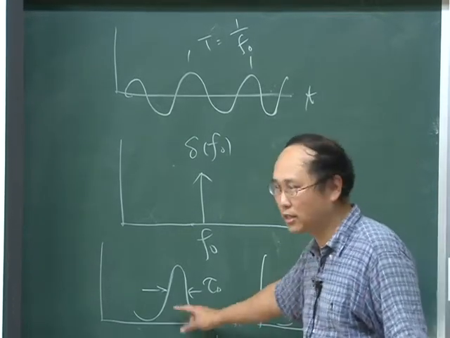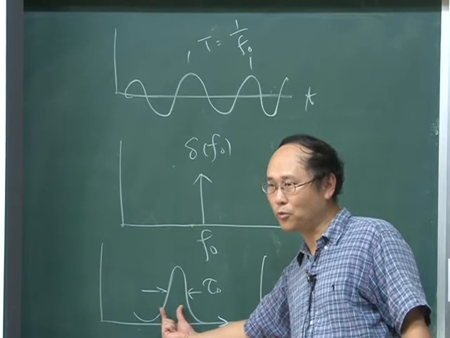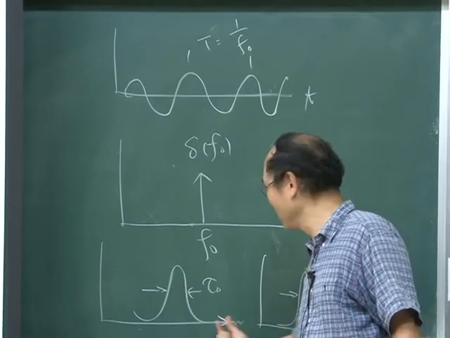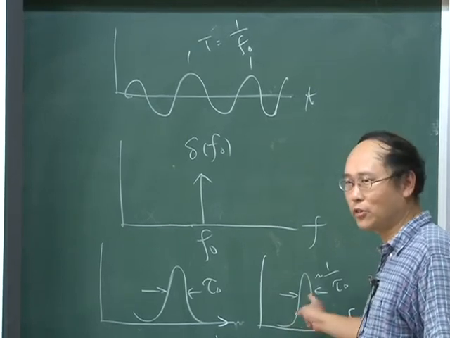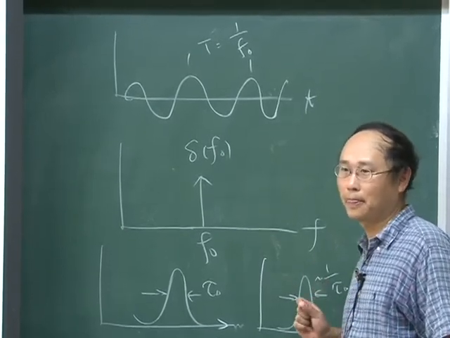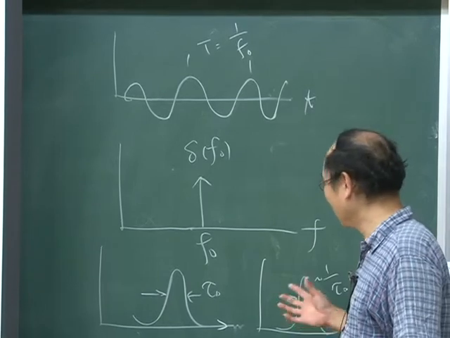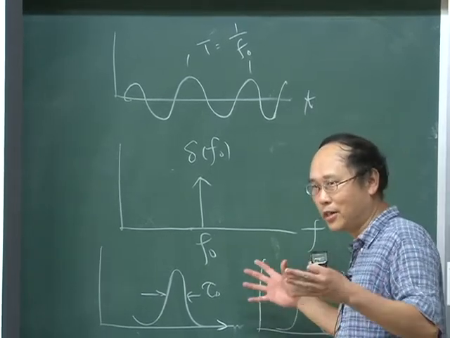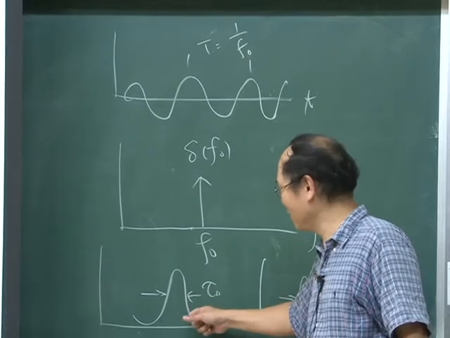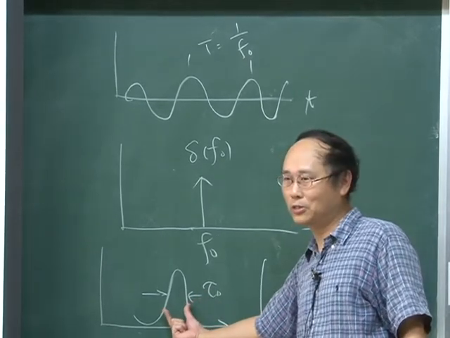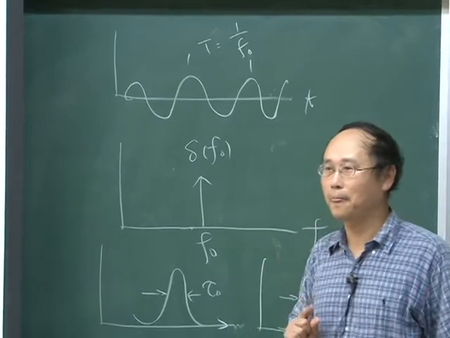What it means is that if you have a finite pulse width in the time domain, in the frequency domain it tells you that there are many frequency components inside. Okay, so only when you put a lot of frequencies together do you get a finite pulse width in the time domain.